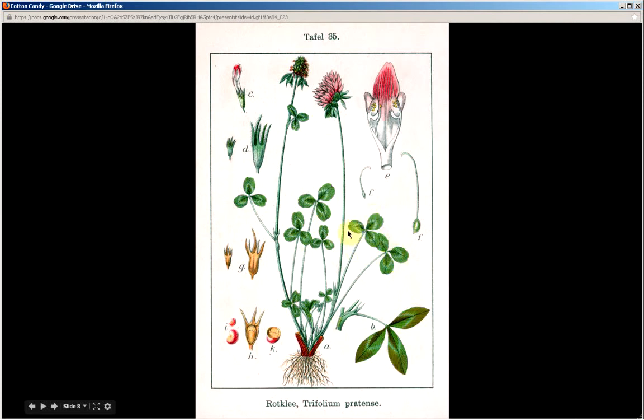Notice how the leaves here, again in previous lessons we've gone over this, but for the sake of this particular plant, let me go over it again quickly. What we see here is a complete leaf with 3 individual leaflets.